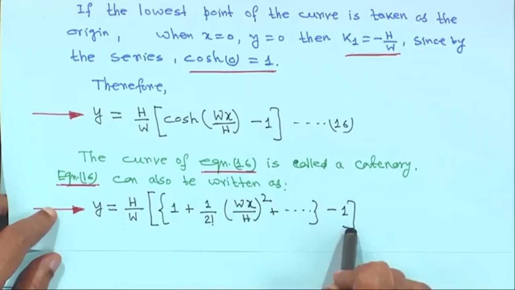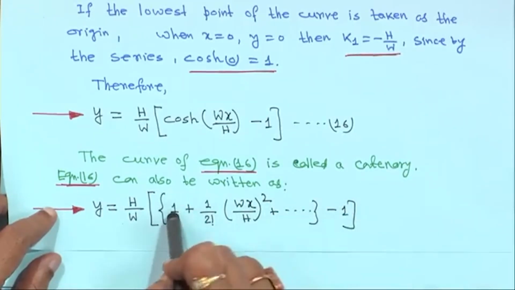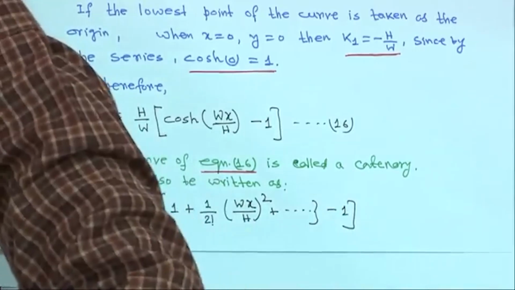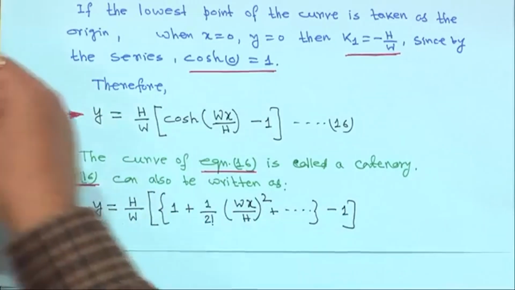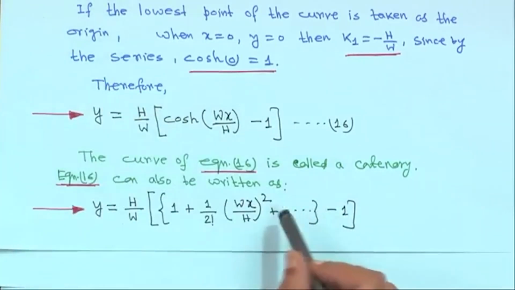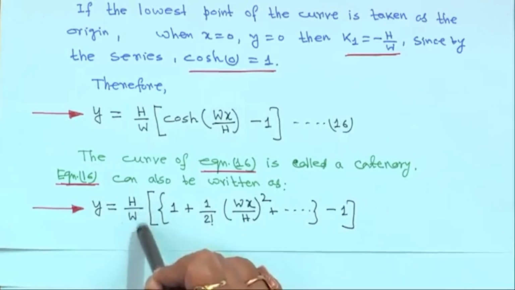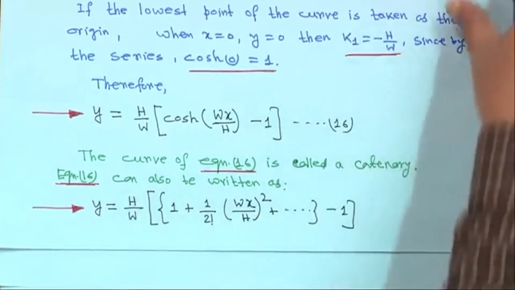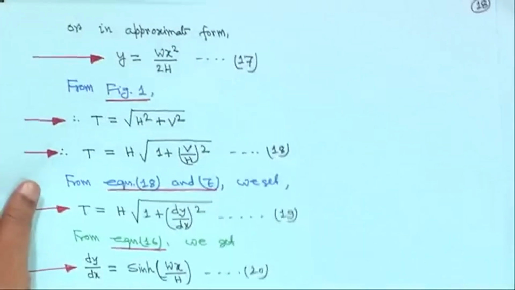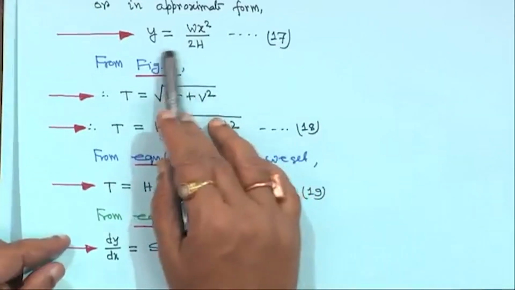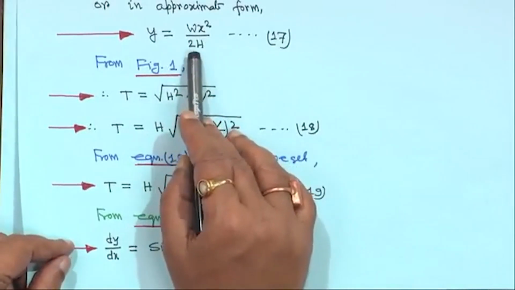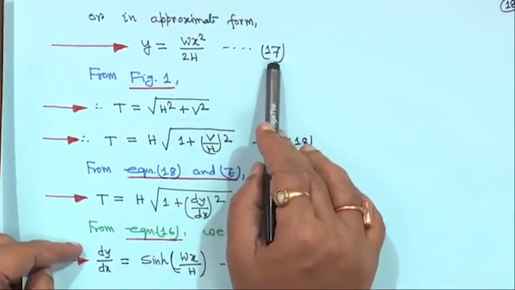This minus 1 will be cancelled. Then 1 h and 1 w will be cancelled, and ultimately it will become y is equal to wx square upon 2h, this is equation 17.